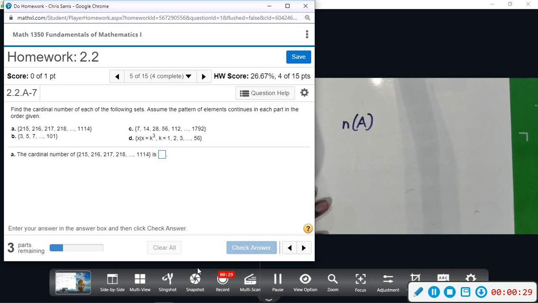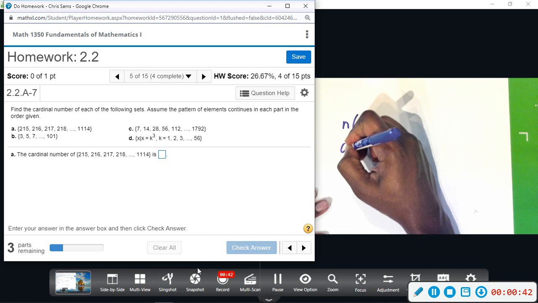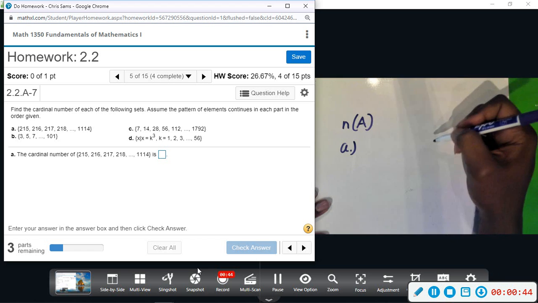So there's a couple of methods we can use. We can use the methods we learned in the previous section when we were using sequences, finding the sum of them. But let's just take A for example. I'm looking at this pattern.